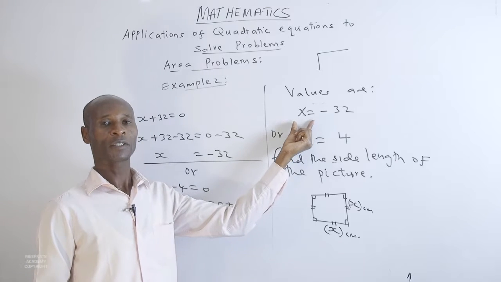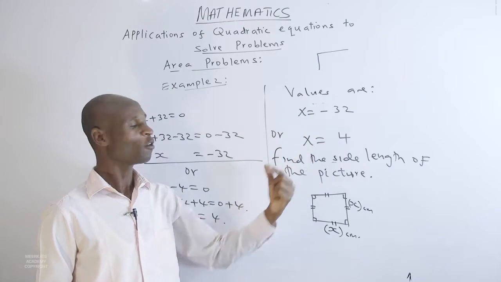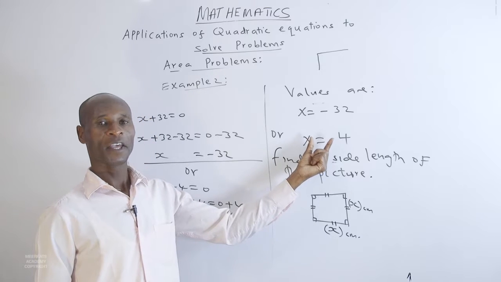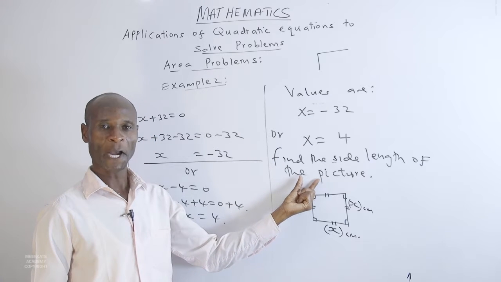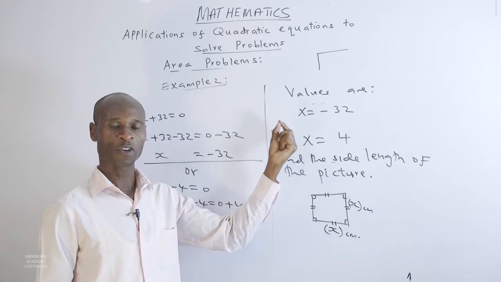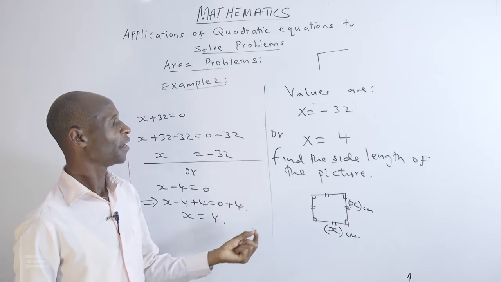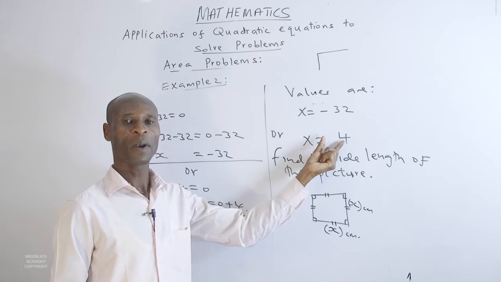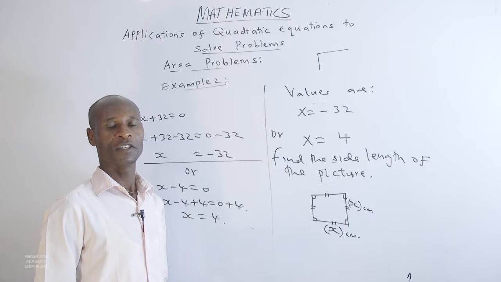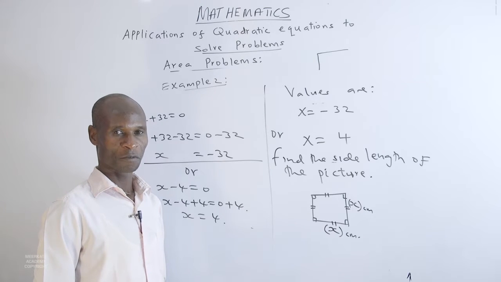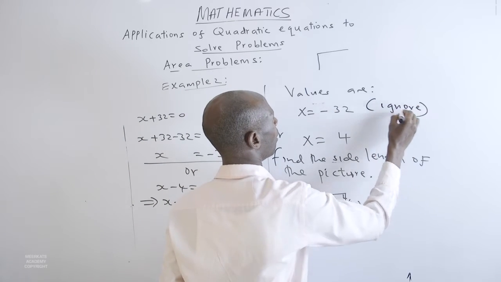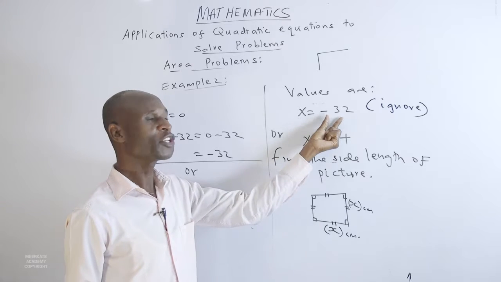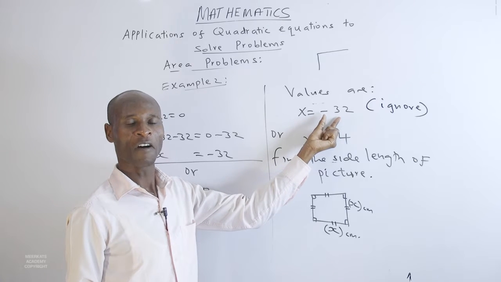Between the two solutions, x is negative 32 and x is equal to 4, the reasonable solution for the side length of the picture is x equal to 4 centimeters, since the dimension of our plane figure is always positive. So we ignore the negative. The reason is the dimension of our plane figure cannot be negative.